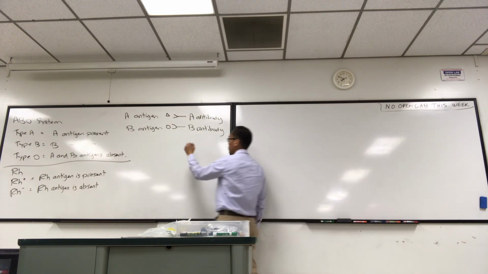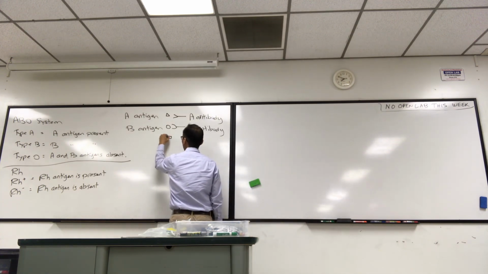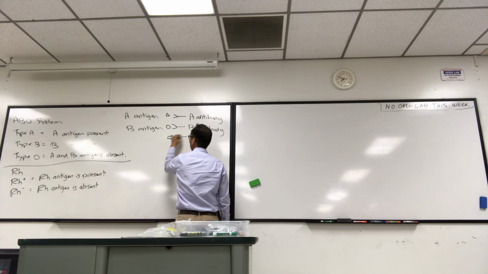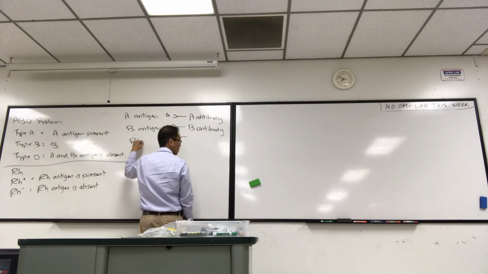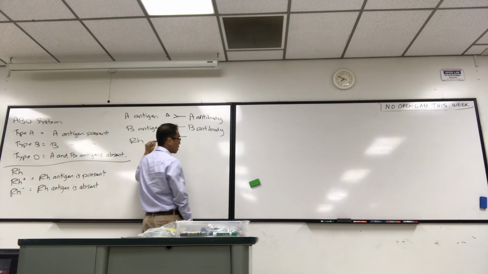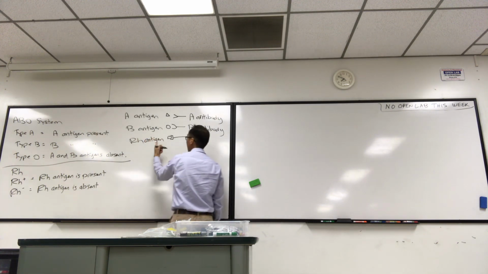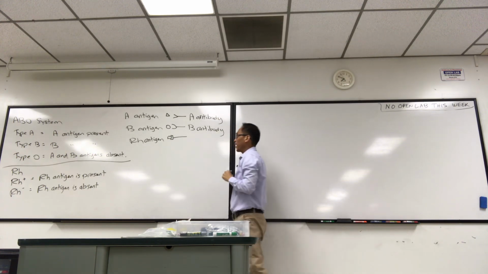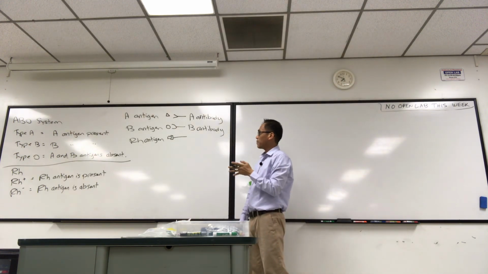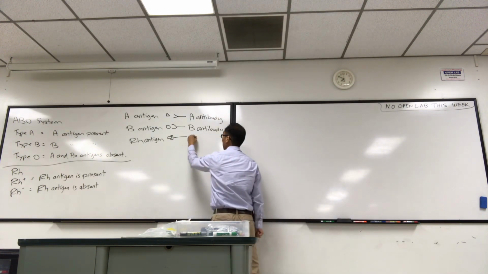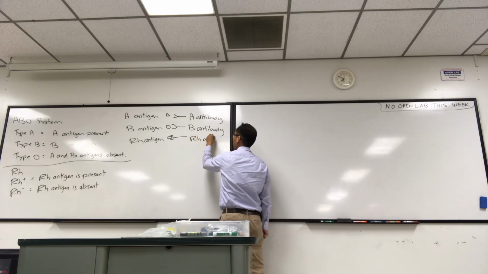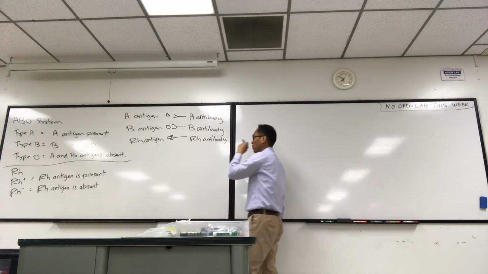Let's use squares. So the antigen RH is a square, but the square-shaped antibody is RH antibody. So let's use that system for clarity.